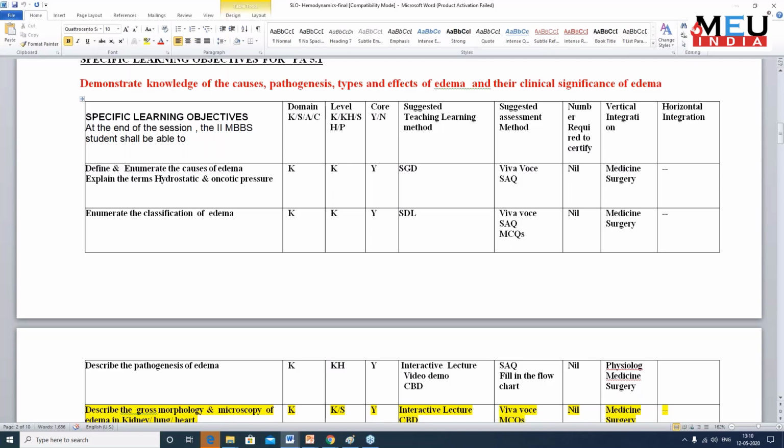By putting only 2 categories, we are not including the renal causes and other things in the causes of edema. But first they have to understand what is hydrostatic and oncotic pressure and then go to the causes of edema. Until they know the basics, I thought they wouldn't be able to go ahead with the other causes. That will be taken care of in pathogenesis, which you put as a separate SLO.